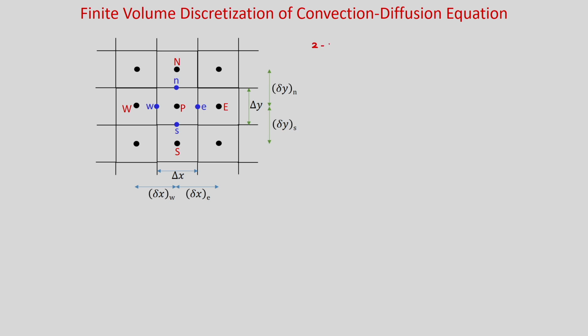So, we are considering 2D steady convection diffusion equation, where we have the convection term as well as the diffusion term.